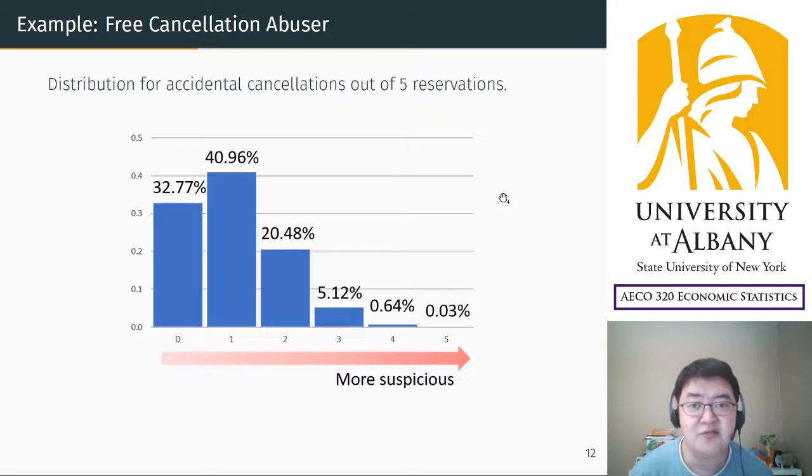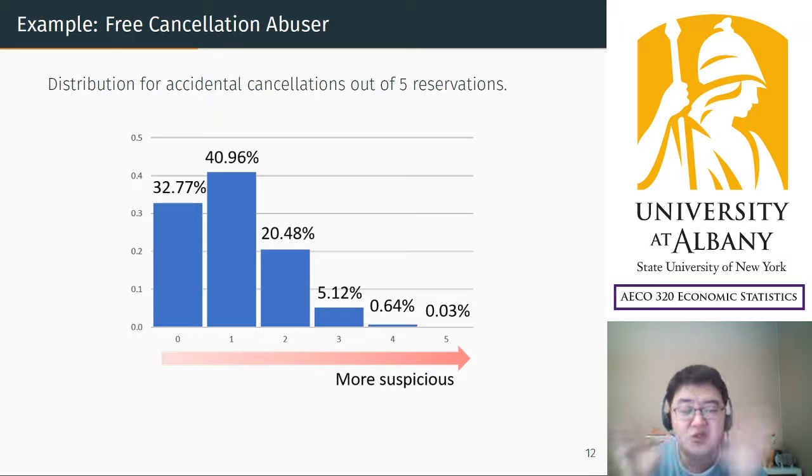I already did it. So this is the distribution for accidental, unintentional cancellations if a customer made 5 reservations. Remember, 20% is the probability. On average, 20% of reservations are canceled unintentionally. So then 32.77% of customers do not cancel at all, and more than 40% cancel 1 out of 5.